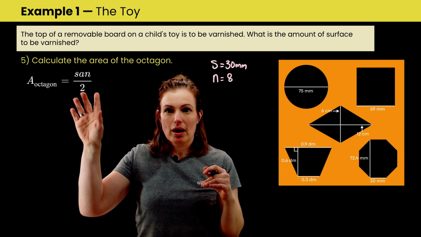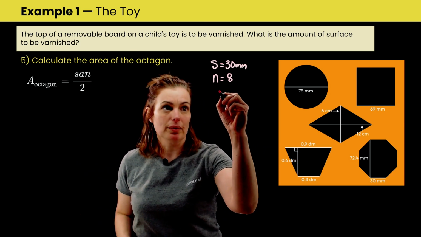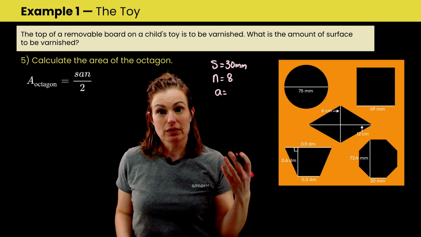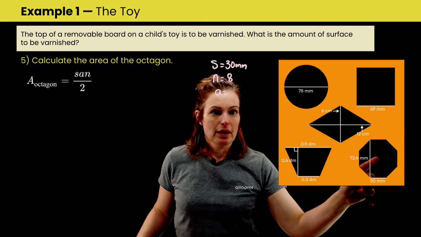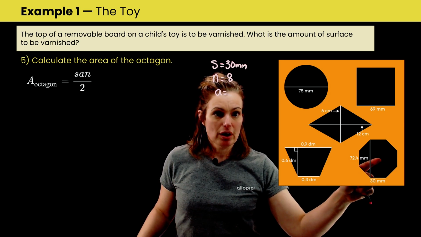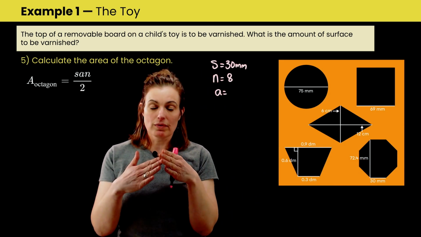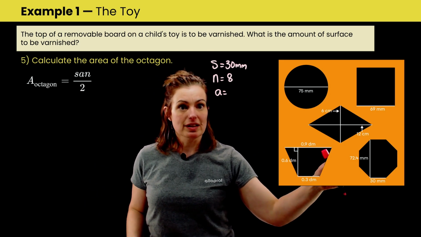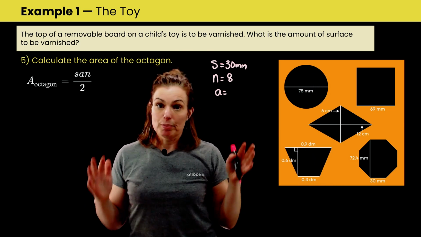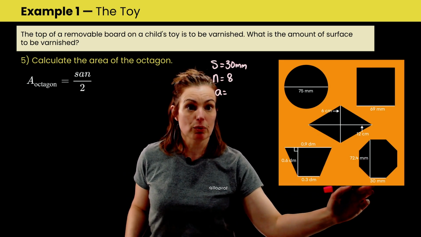And now the apothem. You might take a look at our figure and wonder, where am I going to get the apothem? Because it's not actually directly given to us. But remember, the apothem is actually measured from the center of a polygon, and then it intersects one of the sides perpendicularly. So if I start at the center and I intersect my side perpendicularly, it actually gives me the equivalent of half of the measure that I am provided with.